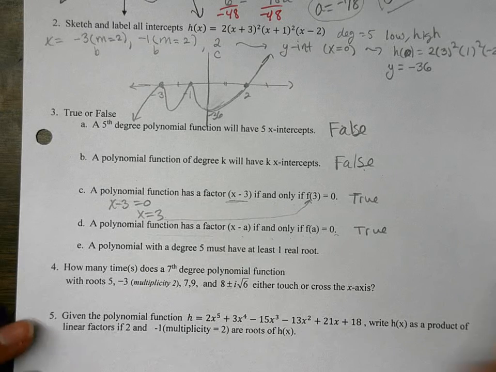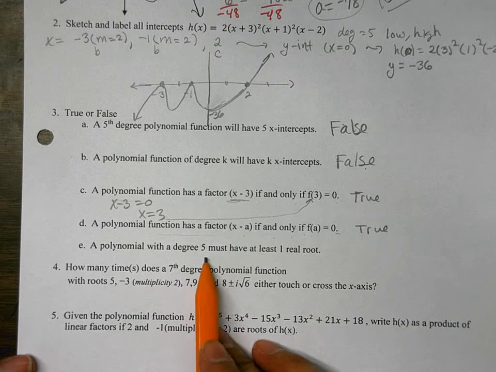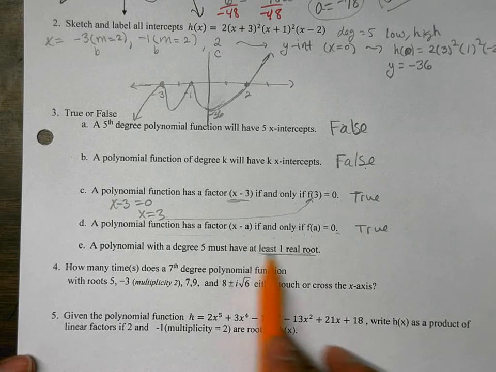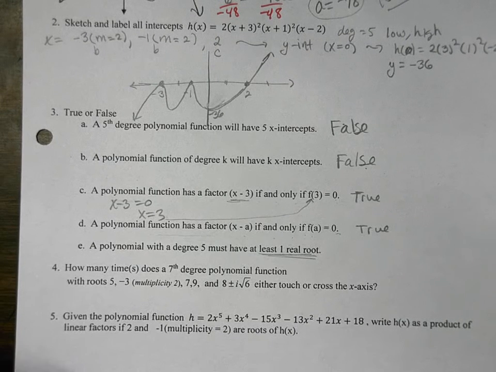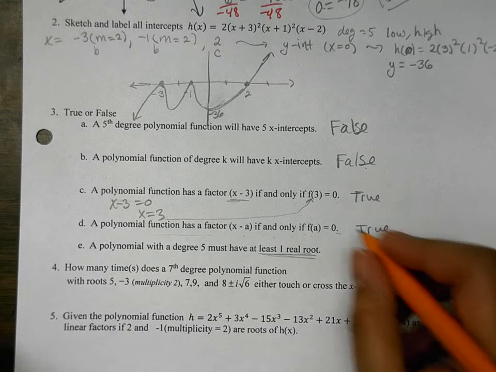All right. A polynomial with degree 5 must have at least one real root. Why is it false? Because it will be negatives and imaginary. No, because the imaginaries have to come in pairs of 2, right? Okay. So that would be 4, so it doesn't have to. Does it have to have at least one? Okay.